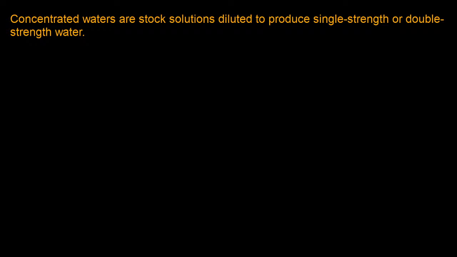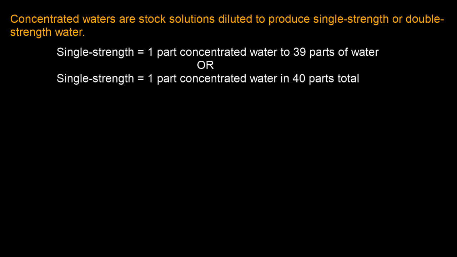So the question that would immediately come to mind is, what exactly is single strength and double strength? Single strength refers to a situation where you have 1 part of concentrated water to 39 parts of water. Examples of concentrated waters would be peppermint water, rosewater, and chloroform water. These are very good examples of concentrated waters.